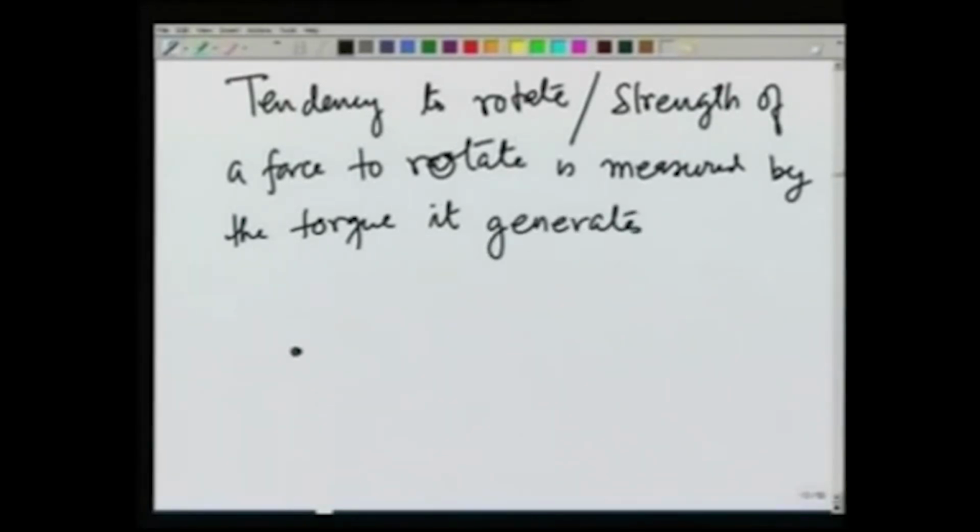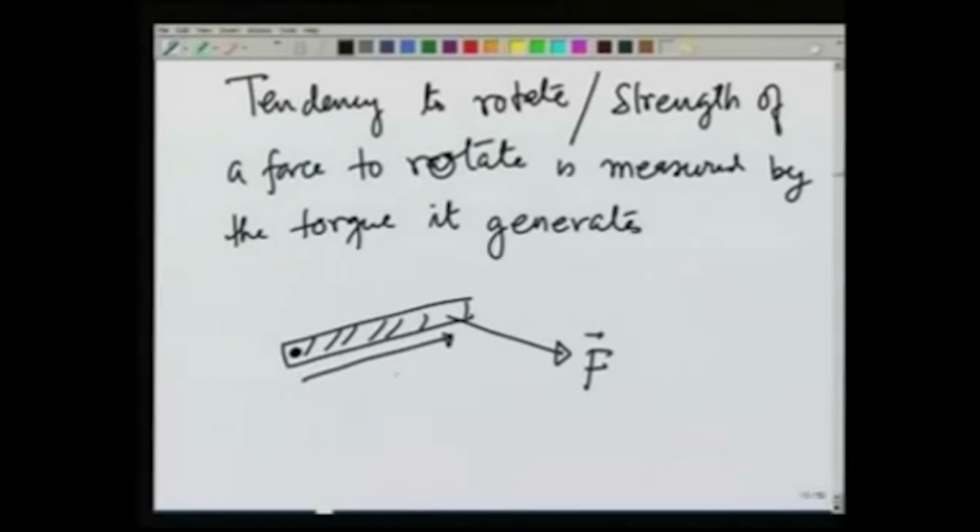For example, suppose I have a body which is held at one point, and if I apply a force in this direction at displacement r from the point at which it is held, then the torque is given by r cross F, or the vector product of the displacement of the point at which the force is applied and the force.